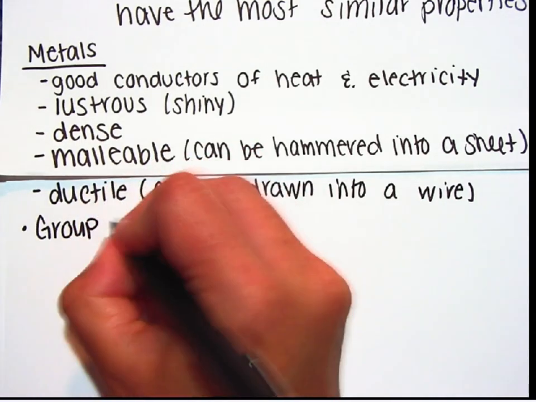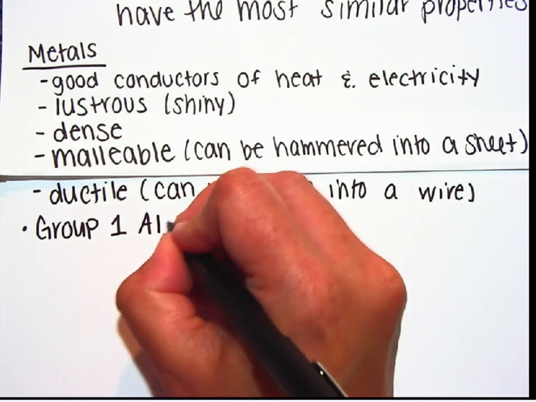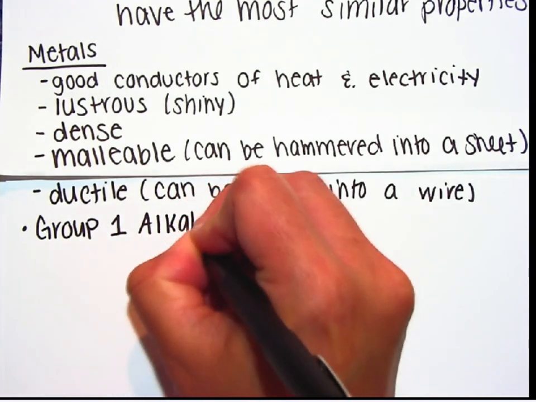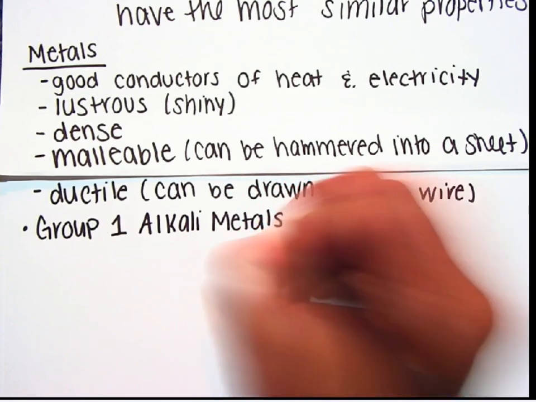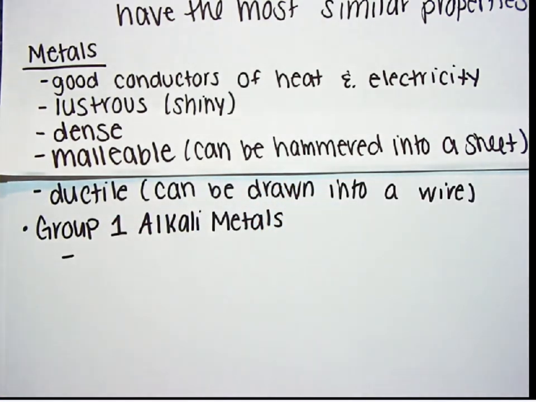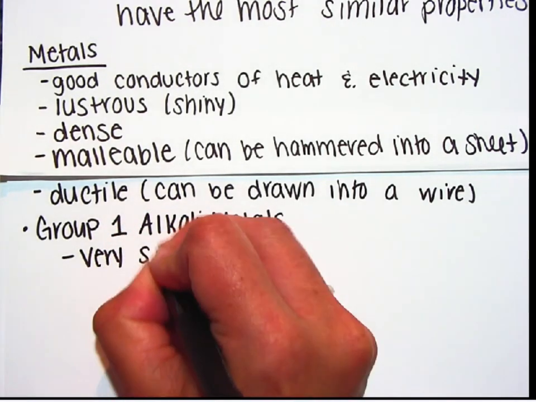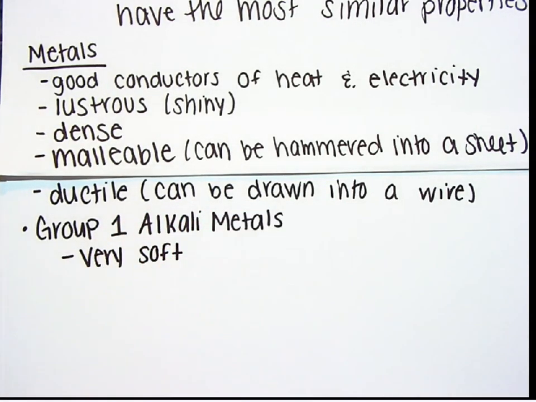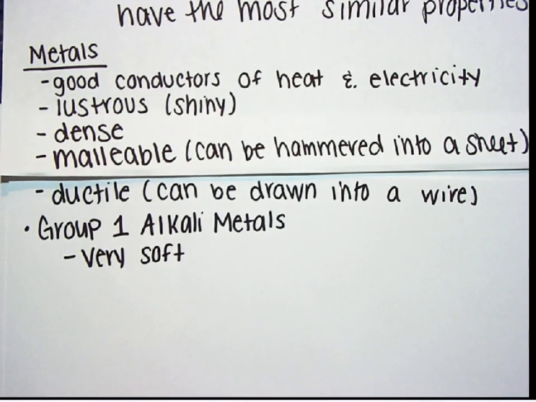You should be able to distinguish the difference between our group 1 alkali metals and group 2. The group 1 metals are going to be very soft. You can very easily cut them with a spatula or a scoopula.